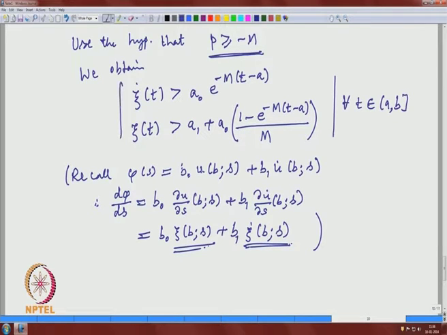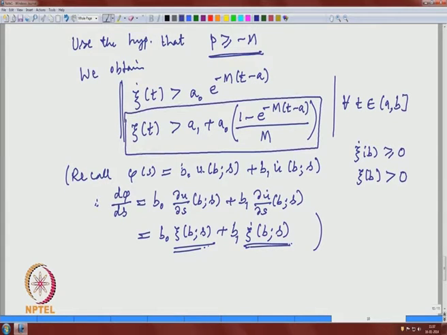Both j dot b is greater than or equal to 0 and j b, since there is a 1 there, and a0 and a1 are not simultaneously 0, j b is always bounded away from 0. There is no problem about j b. This is always bounded away from 0, and this in general not.